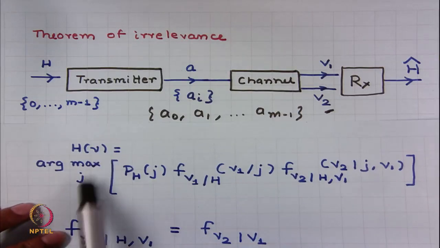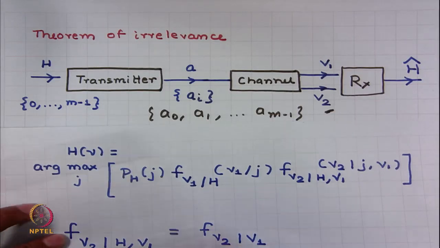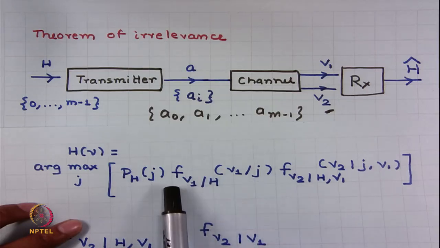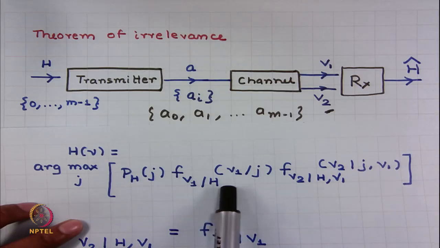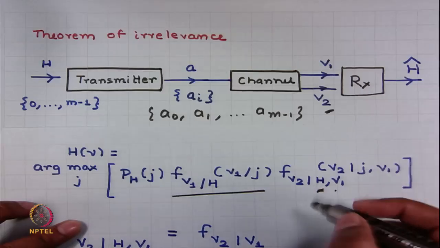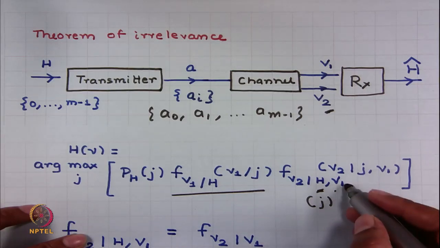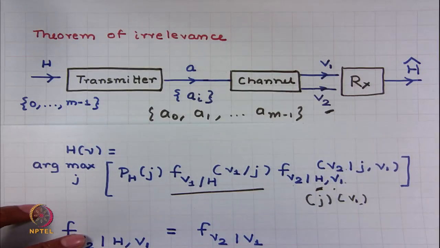The MAP rule remains the same, that means you are trying to find the hypothesis for which this a posteriori probability is maximum, and this a posteriori probability is simply given by the a priori probability of hypothesis j being transmitted, multiplied by the conditional probability density function of random variable V1 taking a numerical value small v1 given that hypothesis H is j, multiplied by the conditional probability density function, given that hypothesis H has taken a value j and random variable V1 has taken a numerical value small v1, that random variable V2 takes a numerical value small v2.